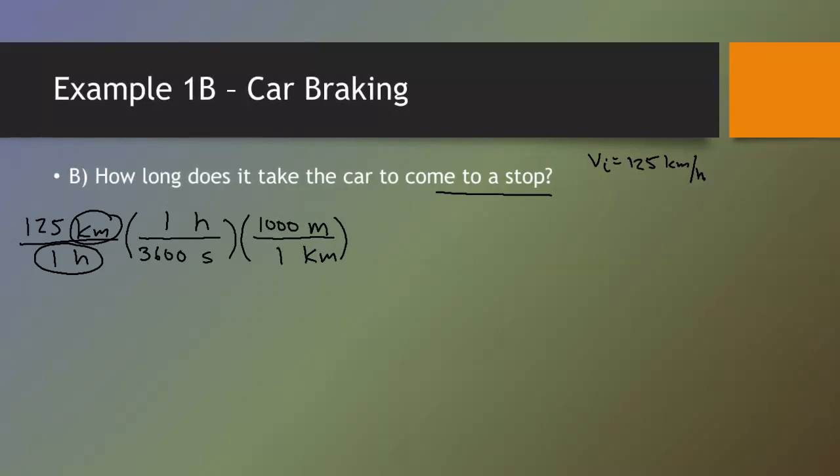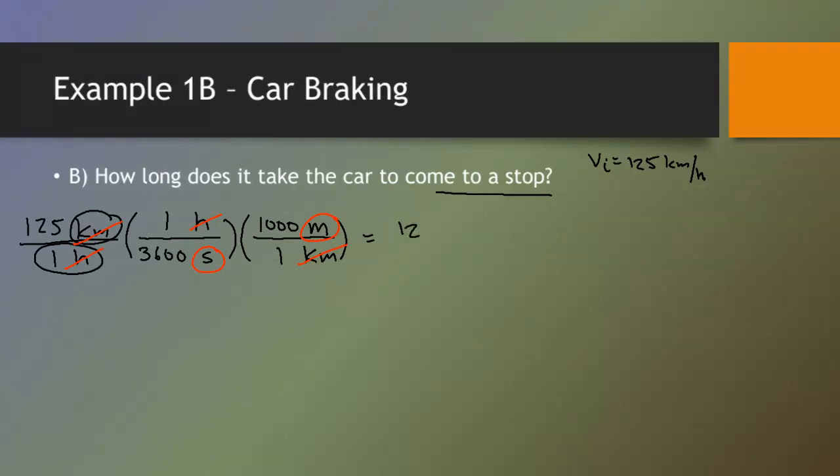Now, just like in algebra, these things will cancel out, and we're left with units of meters and seconds, or meters per second. To calculate this, we would just multiply 125 times 1,000 and then divide by 3,600.